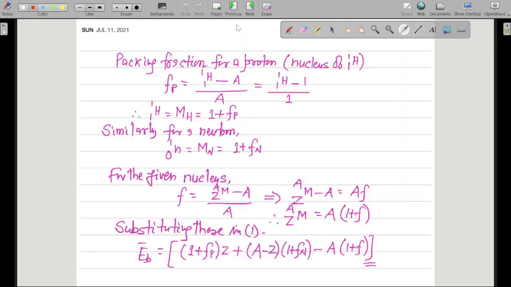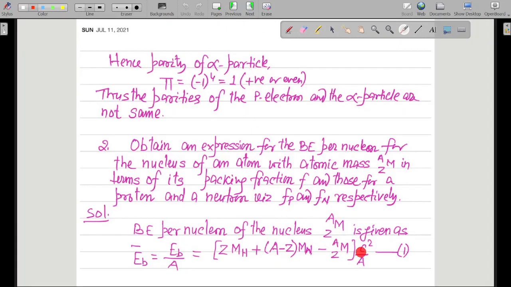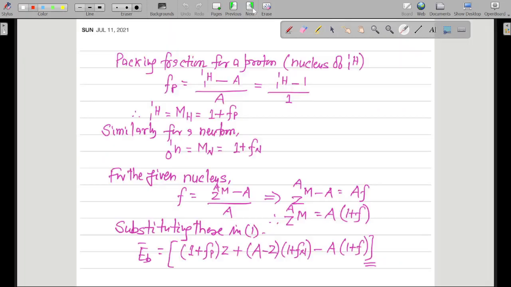Now the problem is over, but one thing is missing over here. What is missing? C square divided by A, the term which was written earlier, is missing over here. So just put it over here. C square divided by A will also come in the multiplication.